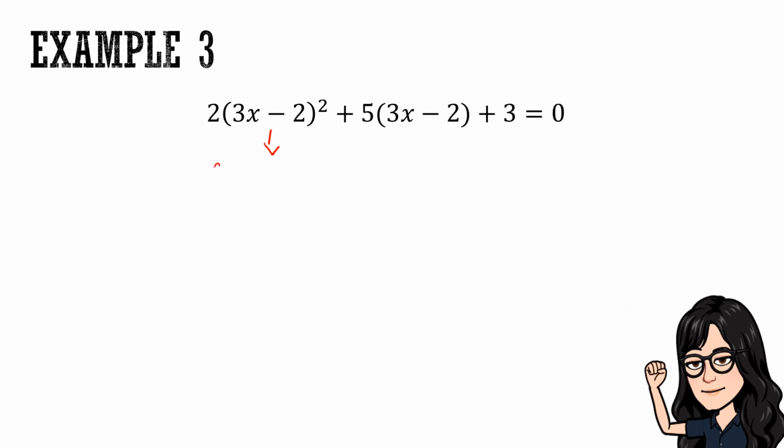That's why we have 2 times 9x squared minus 12x plus 4 plus, for this part, simply distribute 5 by 3x and negative 2. That's why we have positive 15x minus 10 plus 3 equals 0.